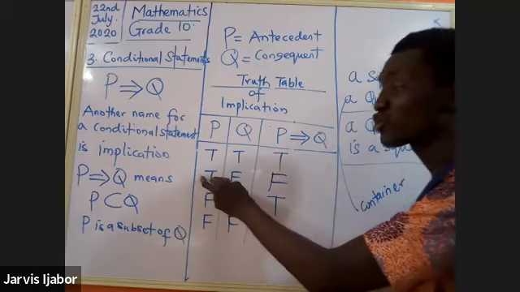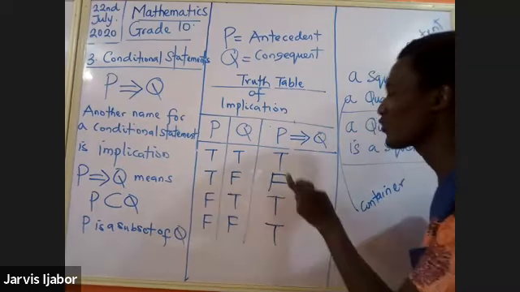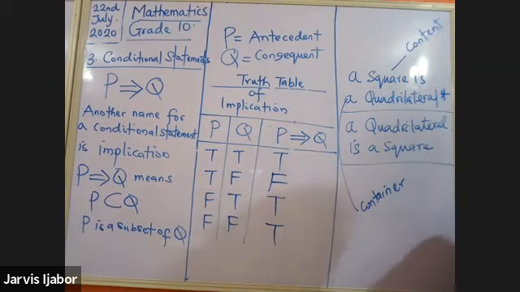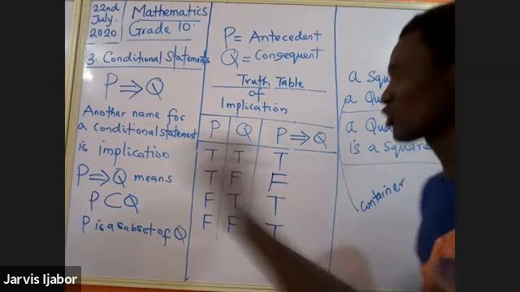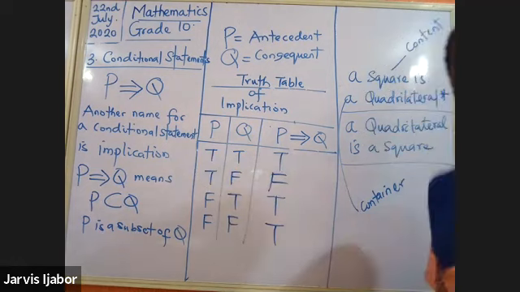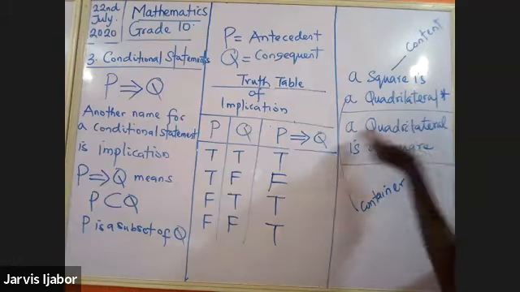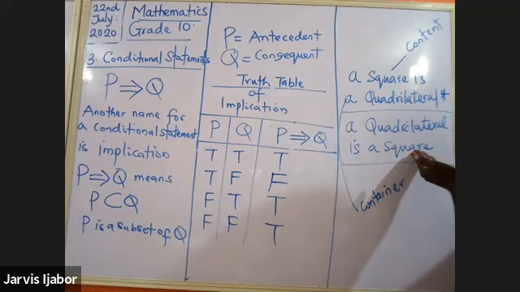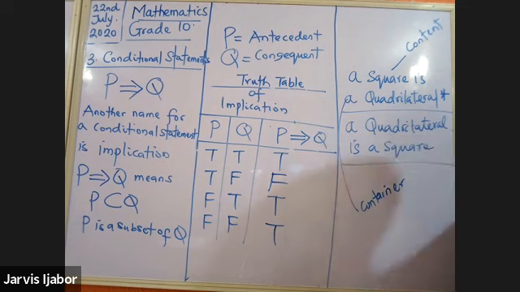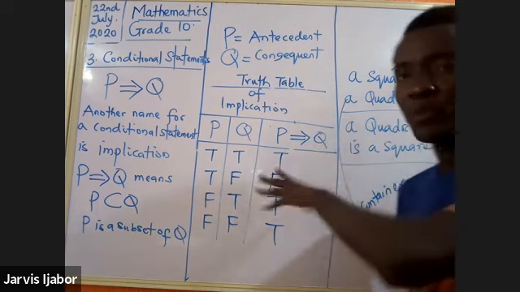If this is true and this is false, it will be false. If this one is true and is not contained in that one, it's useless. A quadrilateral is a square? No, it's not possible. A square can be a quadrilateral, but a quadrilateral can never be a square. So that's the understanding of implication.